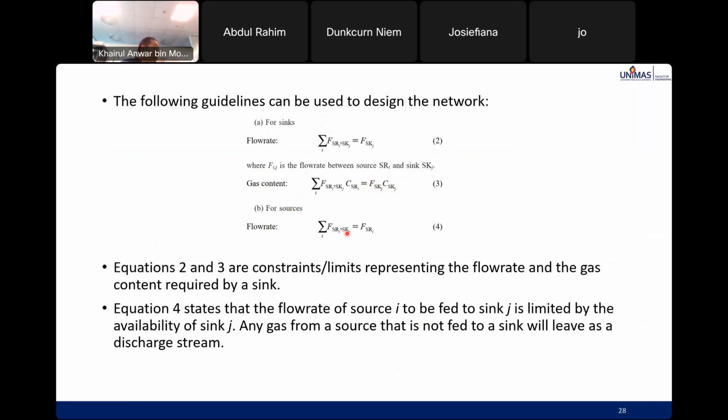Equations 2 and 3 are constraints or limits representing the flow rate and the gas content required by a sink. Equation 4 states that the flow rate of source i to be fed to sink j is limited by the availability of sink j. Any gas from a source that is not fed to a sink will leave as a discharge stream.